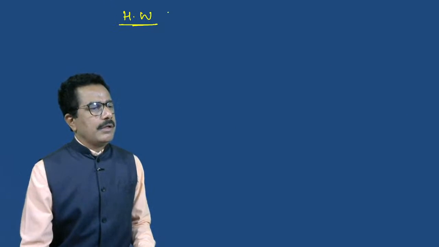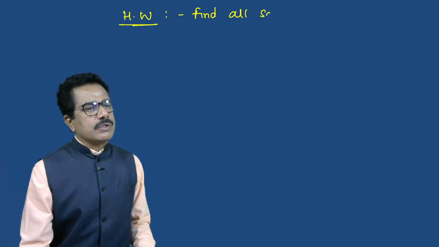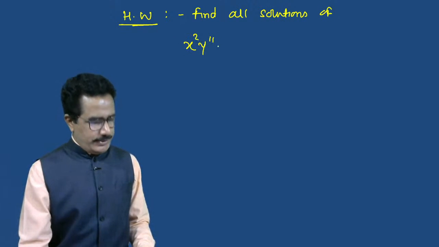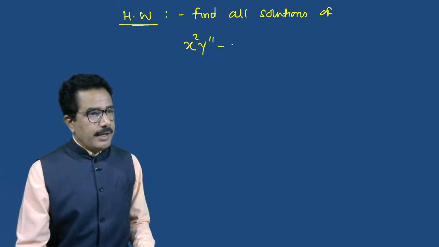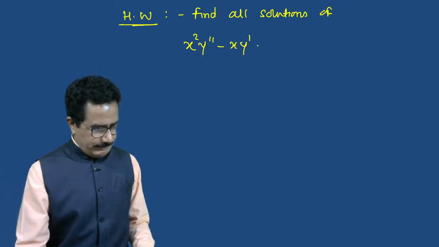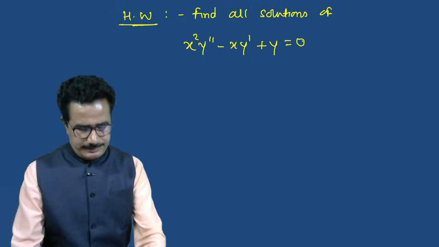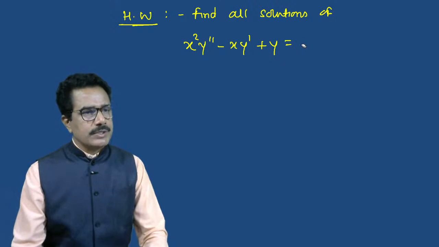Homework: find all solutions of x square y double dash minus x y dash plus y which is equals to x.